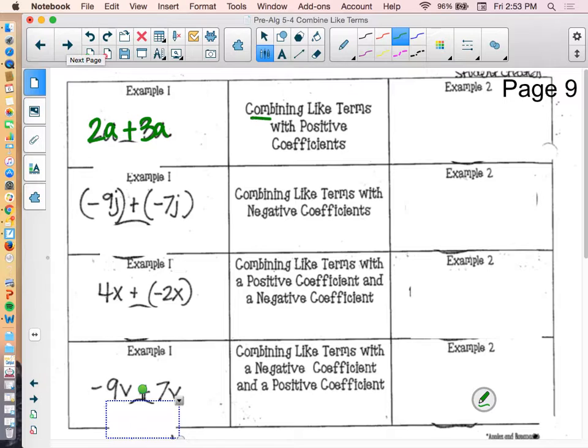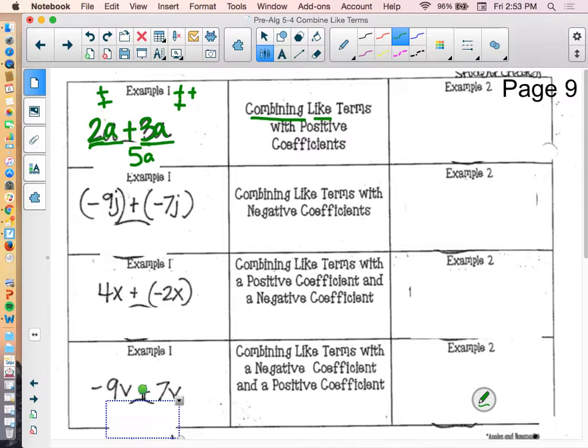If I wanted to combine those like terms, and they are like because they're both a's, then I might give them both the same underline or the same color because they're both a's. And then I would just look at the numbers to add those two together. If I have 2 a's and I have 3 more a's, those are just like positive symbols, like what we learned at the beginning of the year. Then total, I would put those together and say I have 5 a's.